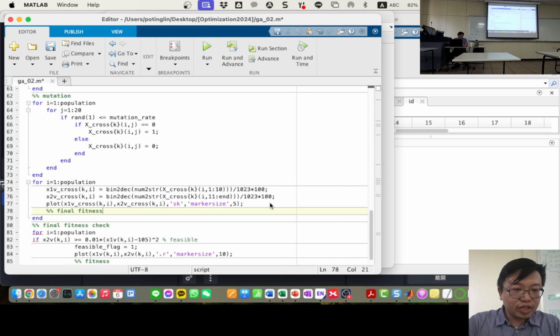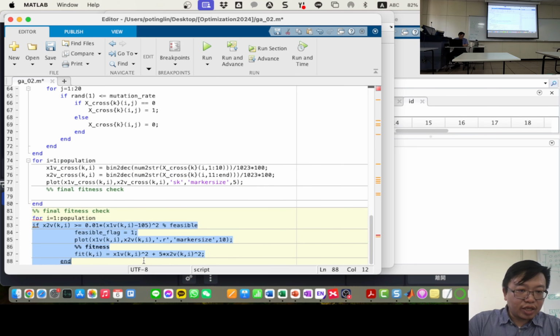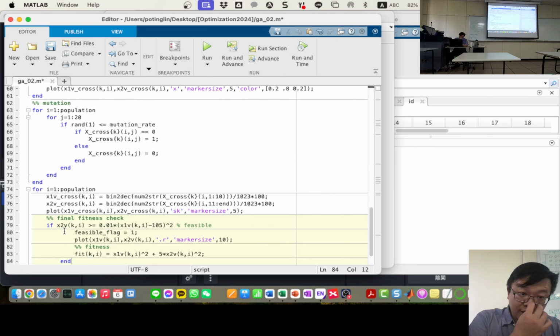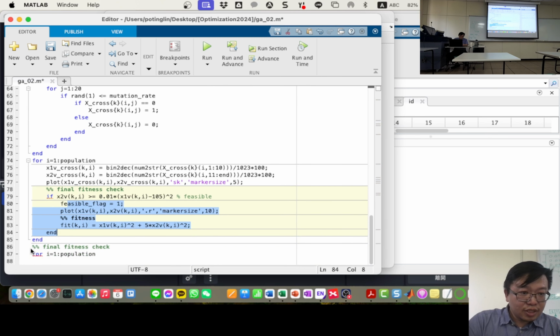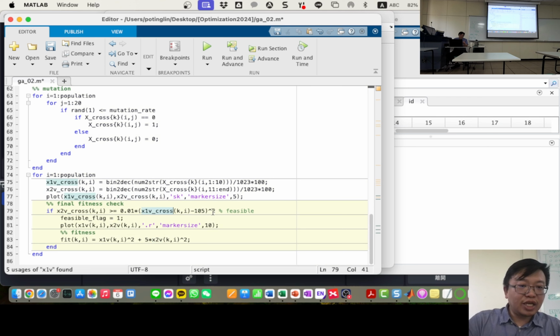Final fitness check. Do it inside the loop over there. So first of all, you need to see if it's feasible. So you will plug into the objective function and see if it's feasible.